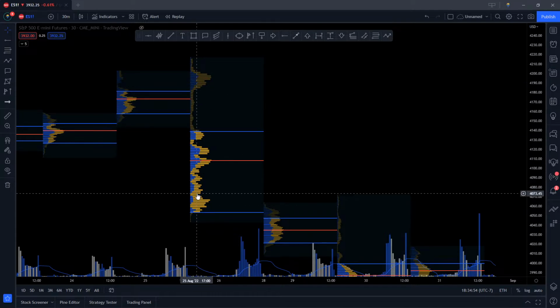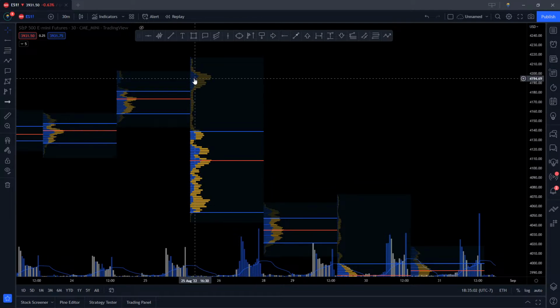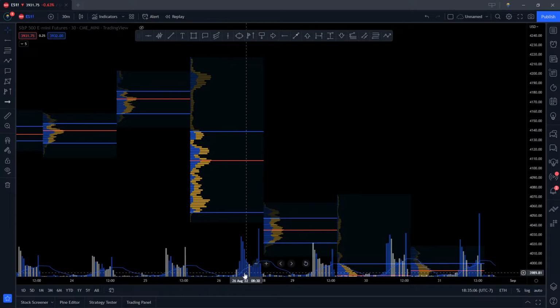Volume profile is basically all of the volume, buying and selling, that's traded at a given price. Whereas our volume on the bottom is volume over time. So this is volume over price. This is volume over time. Hopefully that makes sense to everybody.